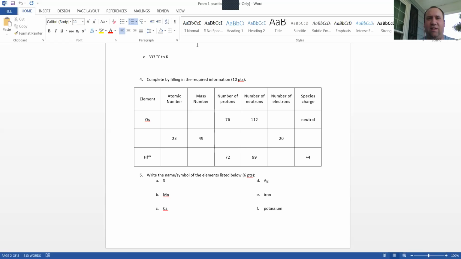Okay, that's fine. Then the number of electrons is the left, like 112 minus 76. No. To figure out the number of electrons, you have to look at the charge on the species. Remember, charge is equal to protons minus electrons.